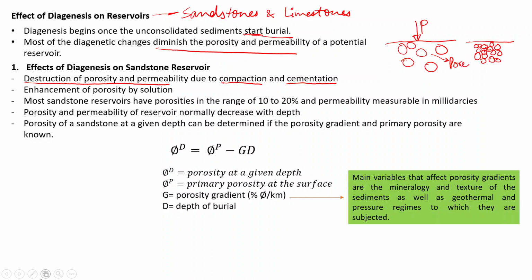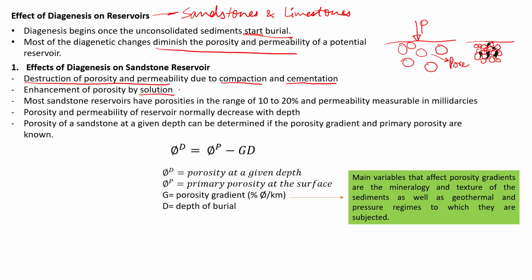Other than that, due to the impact of temperature or due to the chemically active fluids, these grains may get cemented, and this cementation may also reduce the porosity and permeability. So excess compaction and cementation destroys the porosity and permeability.